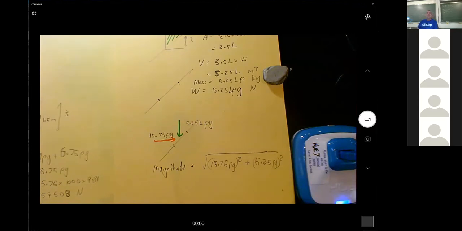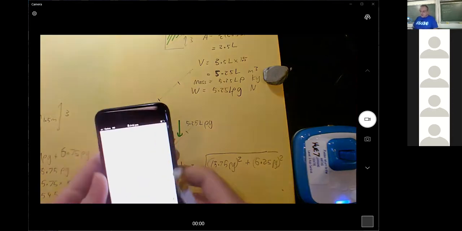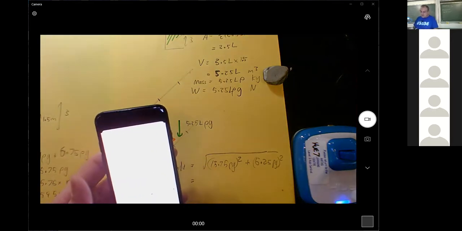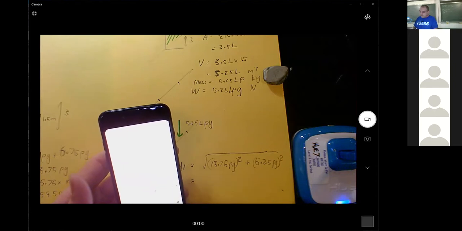that. Now those rho g's will be able to come out of the square root, so it'll all be in terms of rho g in the end. And so I just cannot worry about that. Squared.